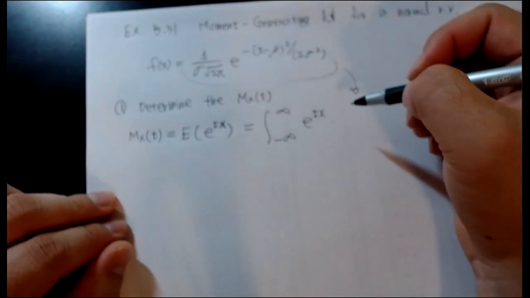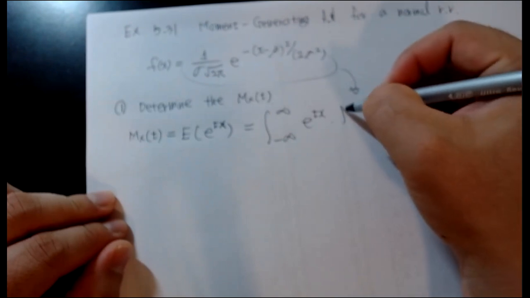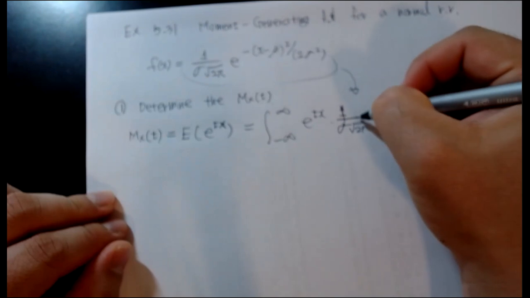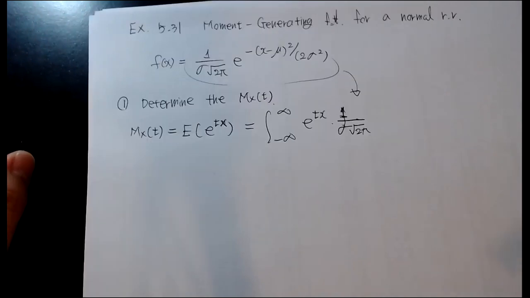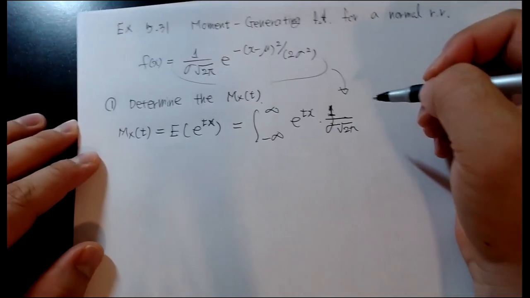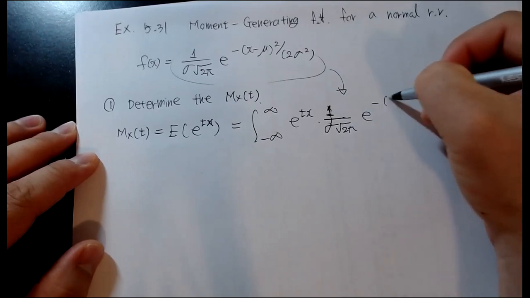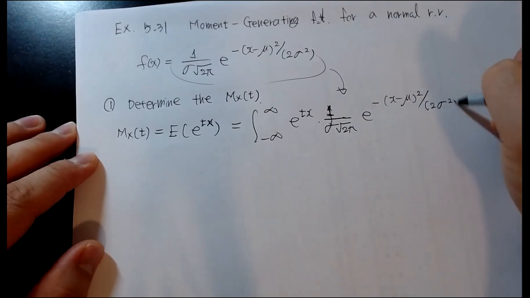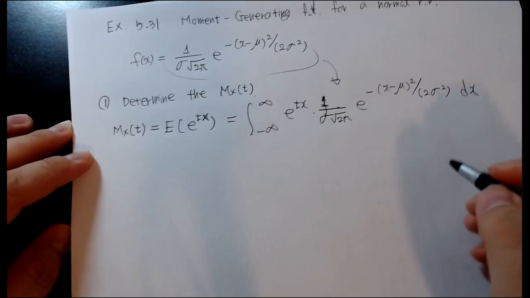So f of x is 1 over sigma square root 2 pi times e to the minus (x minus mu) squared over 2 sigma squared, dx.